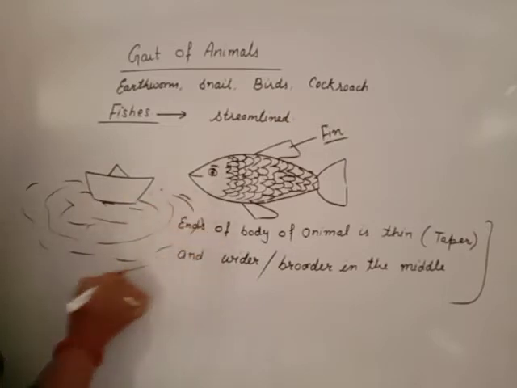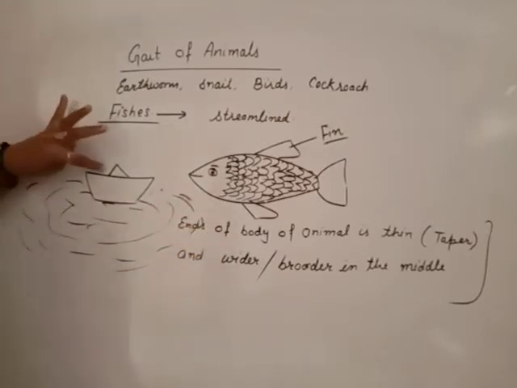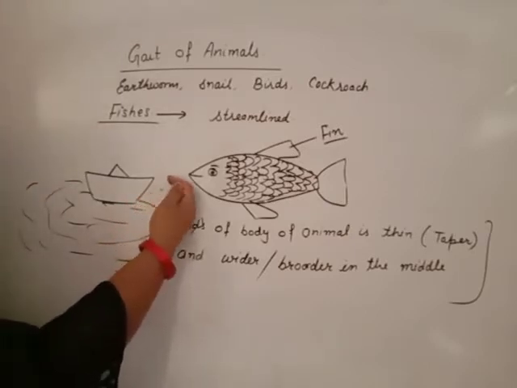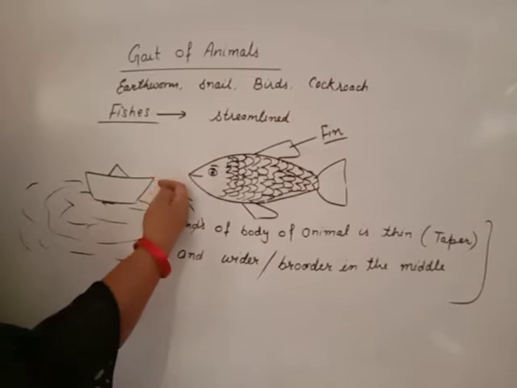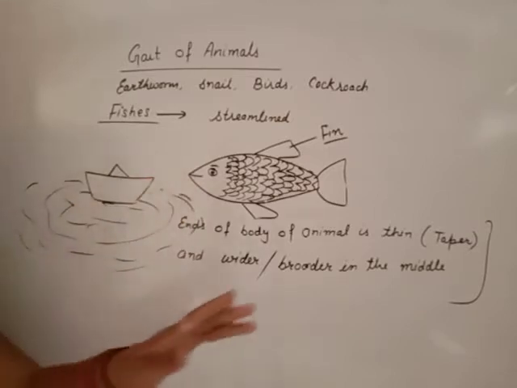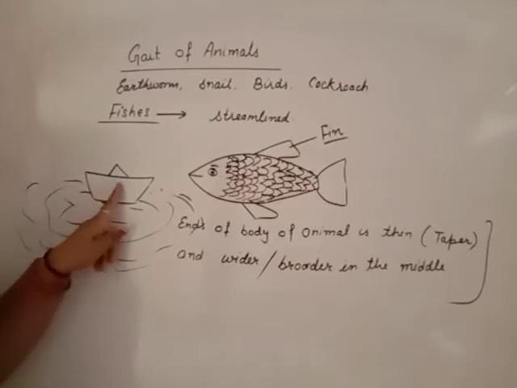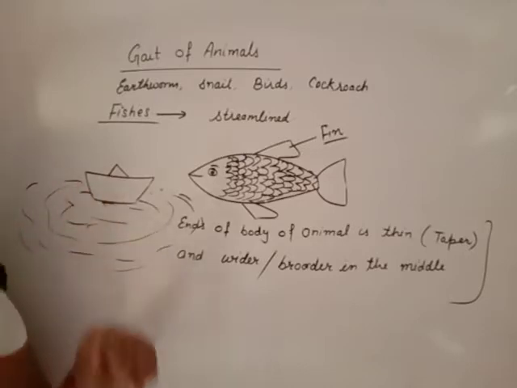This is the water. You push the boat from one tapered end, and the boat starts to swim on the water. But when you push the boat from the middle part, from the broader part, the boat will sink.